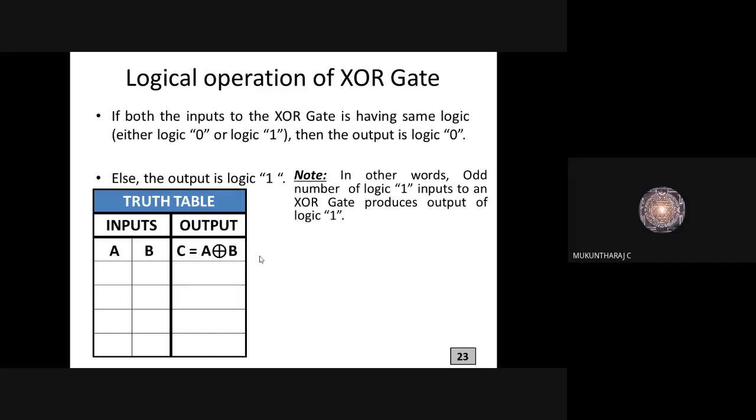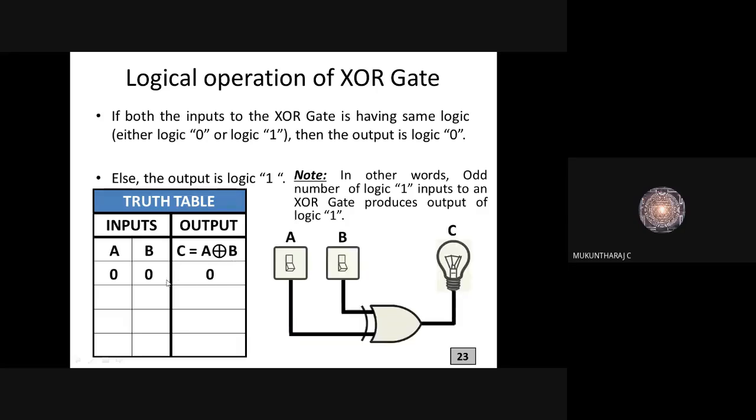This is the logical expression: C equals A XOR B. The encircled plus sign represents the XOR operation. If you apply inputs 0 0, both the inputs A and B are the same, so the output will be 0. First statement: if the inputs have the same logic, then the output is logic 0.